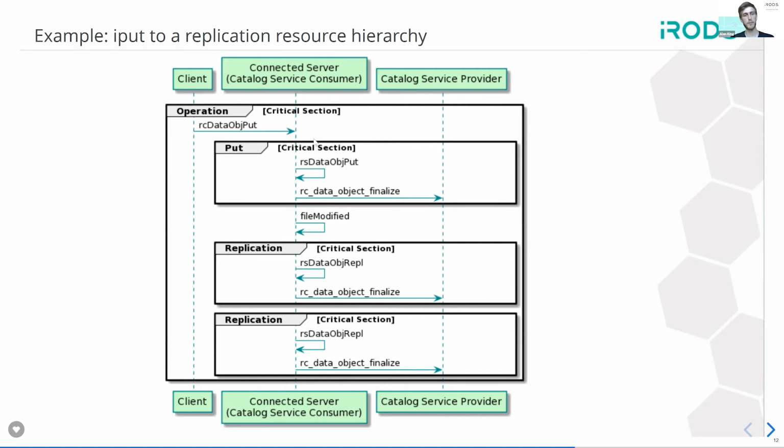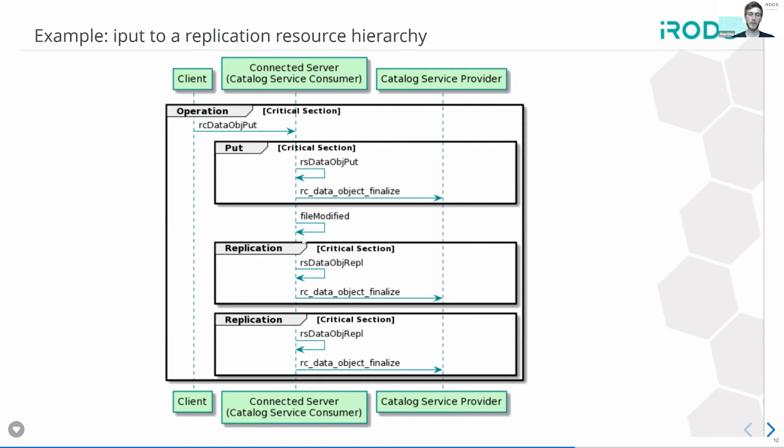But as currently implemented, you can see there's gaps in between for this particular operation. So we gate it on open and close. In put, we lock down the object, then we unlock, then we replicate, locking the object, then we unlock, then we do the next replication, then we unlock.